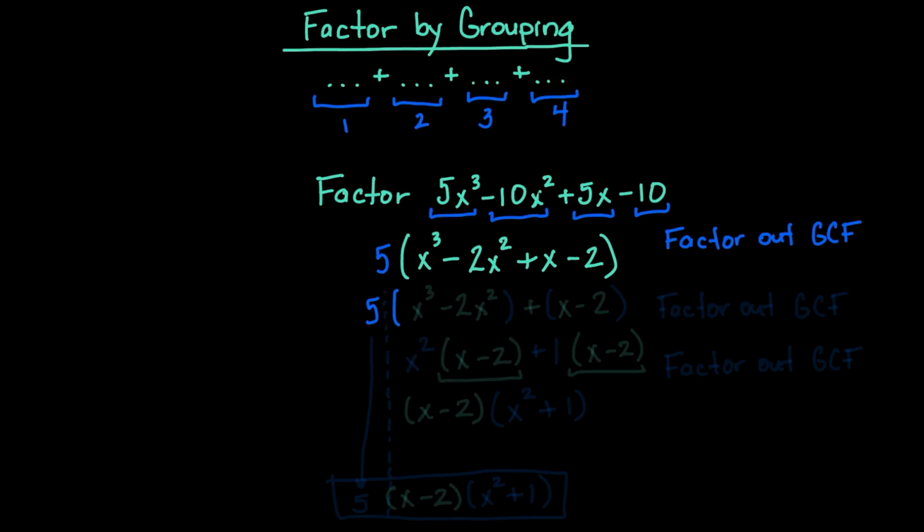So I'm going to group together x cubed minus 2x squared and x minus 2.